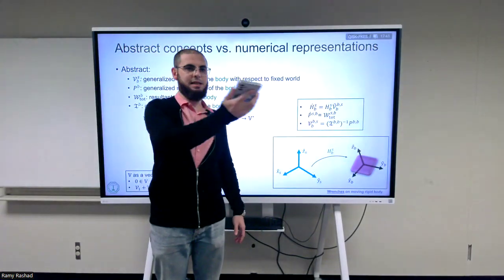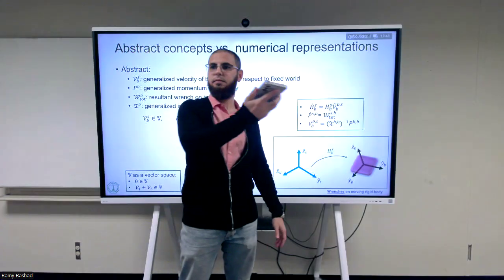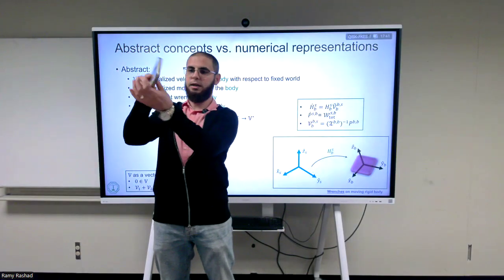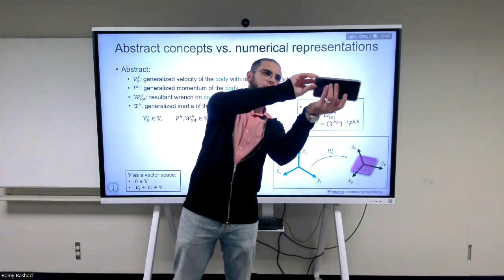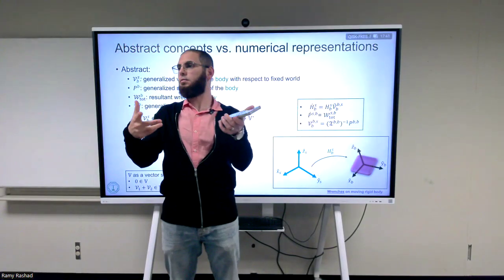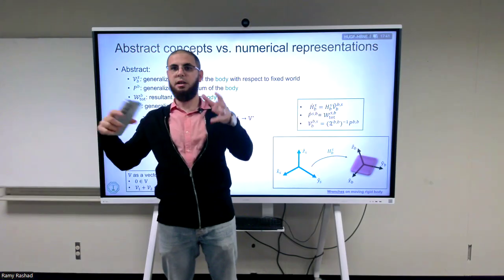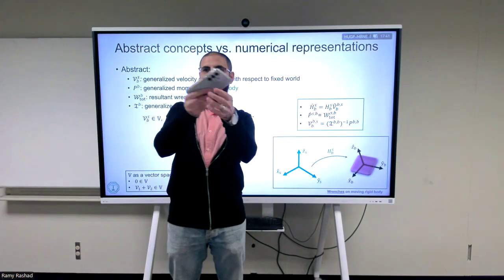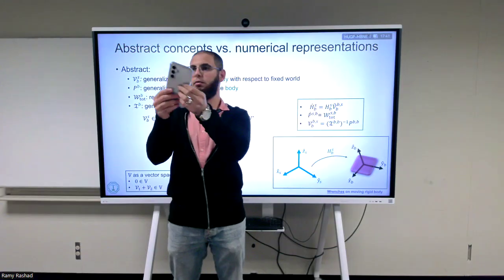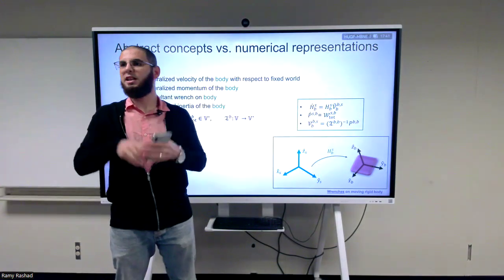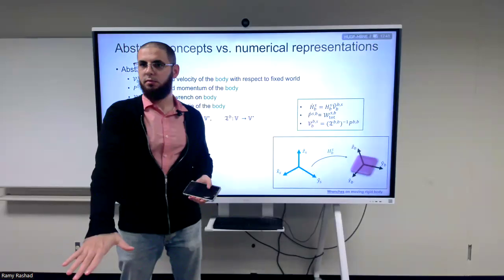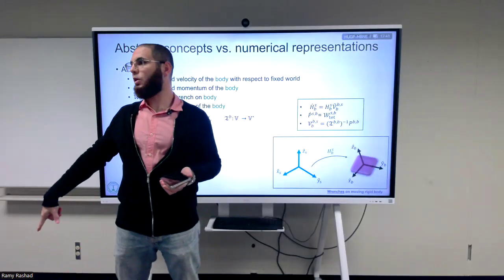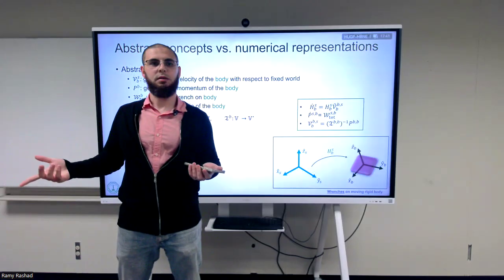It's doing like this, or like this, or like this. I give you three ideas, and of course it can be in the other direction, and you can have all sorts of combinations. So actually, this is the abstract twist, because the phone is the body we're talking about here, and it's moving with respect to the fixed world. Whether it's with respect to the table or with respect to the ground, it's the same thing, right?